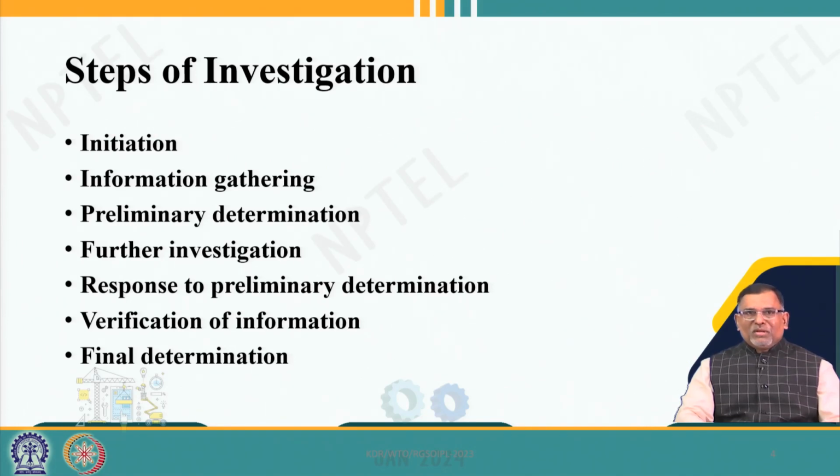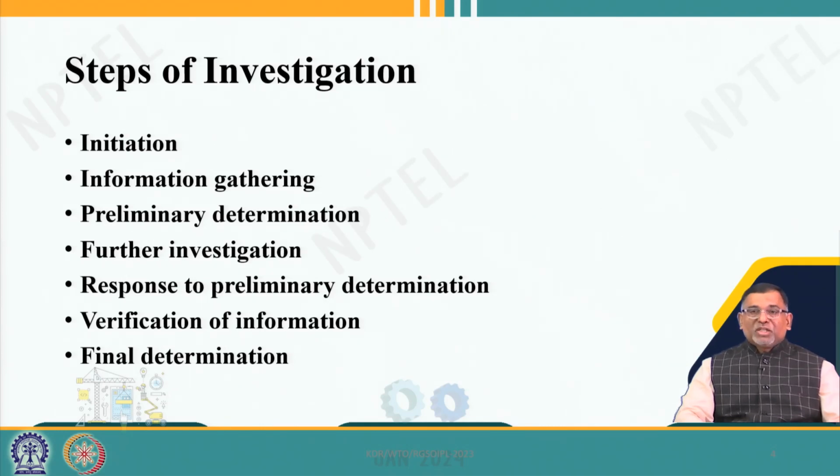And also there can be a response to the preliminary determination. There may be an interim order for price undertakings or any other kind of interim measures. We will see what those interim measures are that can be imposed by the anti-dumping authorities.